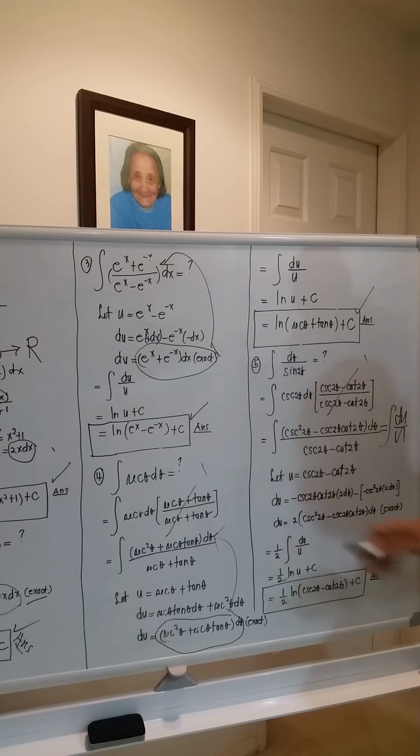We bring it in front, and there is a factor 2, so this is 2 cosecant square of 2 theta, I put this one in front, okay? And the negative thing, I put it as a second term. Negative cosecant of 2 theta, cotangent of 2 theta, close quantity, differential theta.